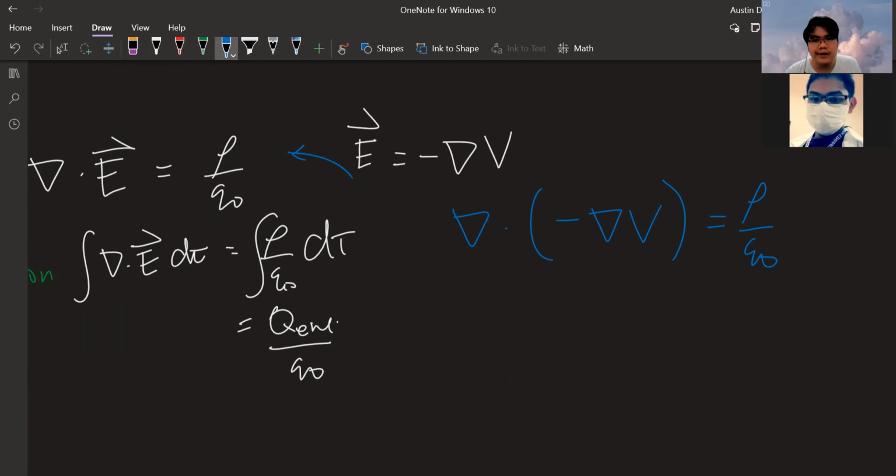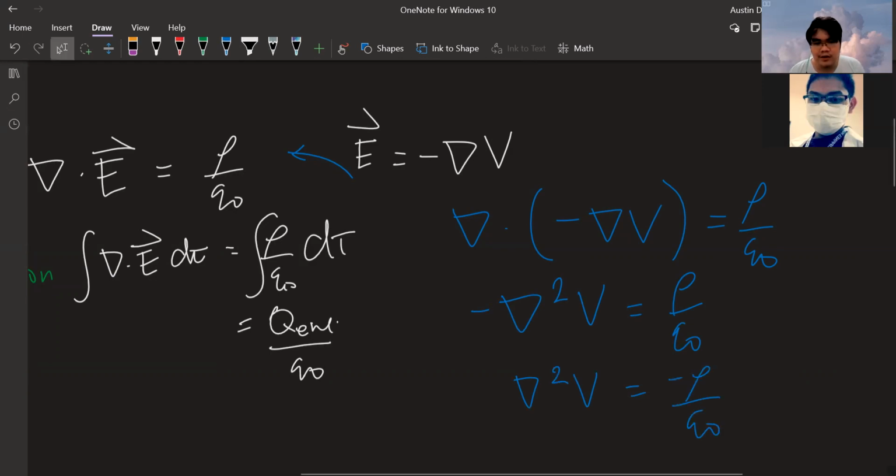If you read chapter 1, the divergence of the gradient is actually called the Laplacian, and it is given by this. The Laplacian of V equals negative rho over epsilon naught.